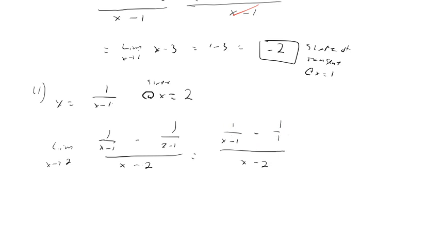When we have fractions, we've got to combine them together so we can do some flipping. In this case, I have x minus 1 down here and a 1 over here. So I need to give each one the parts they're missing. I'm going to give this 1 another x minus 1 piece, because that's what this has.